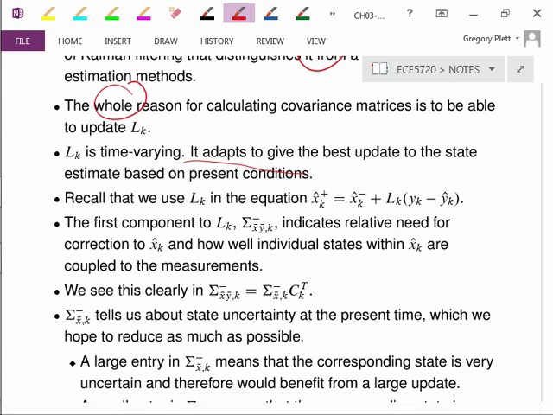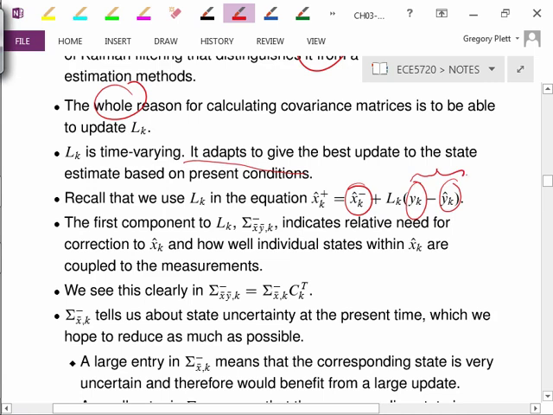How do we use L? We take the prediction of the state from step 1a, we take the prediction of the output from step 1c, we measure the actual output. This difference here is the part I wasn't expecting. I thought that it would be y hat. In fact, it's not. It's y.